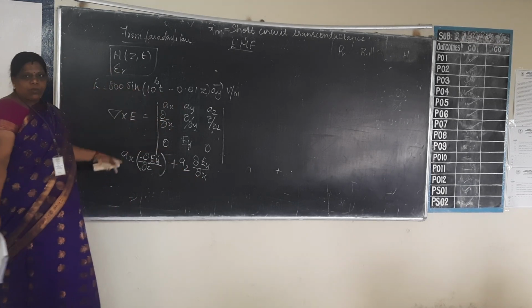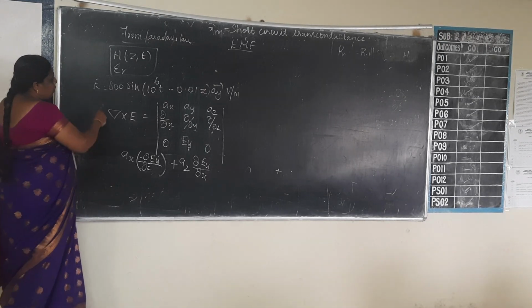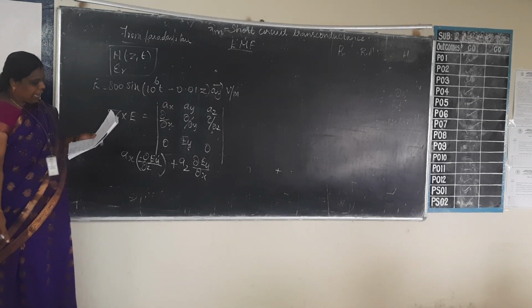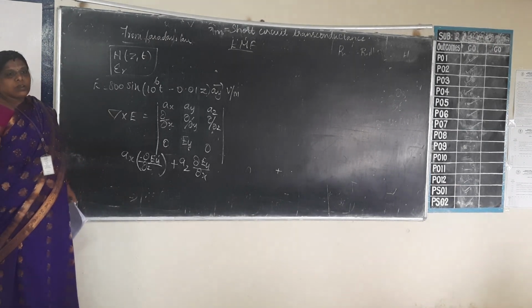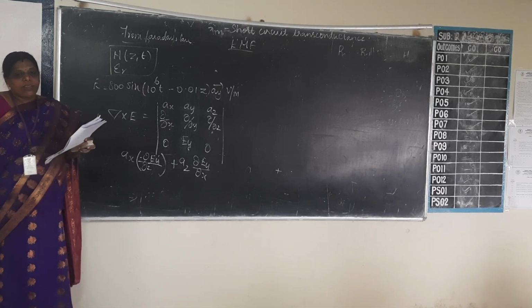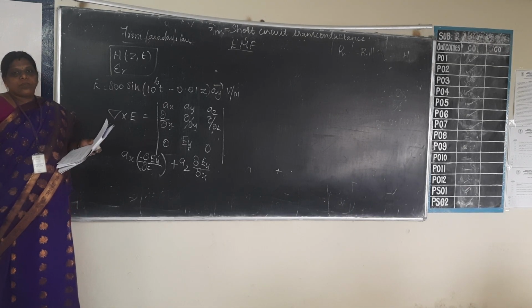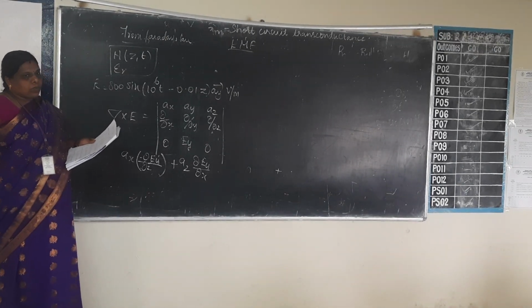So this term alone will be there. When you differentiate, what will be your answer? 800 into 0.01.